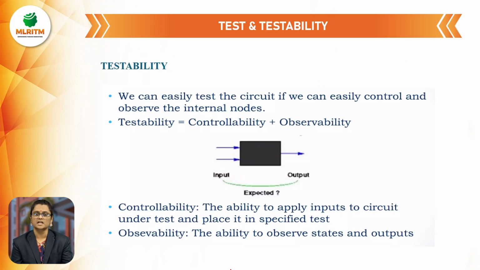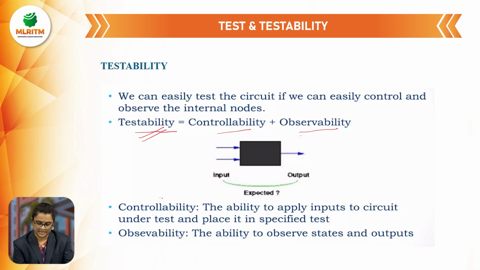Coming to testability. The definition of testability is the ability to control and observe the internal nodes of the circuit. We can simply say testability is nothing but controllability plus observability. Both combined are called testability.